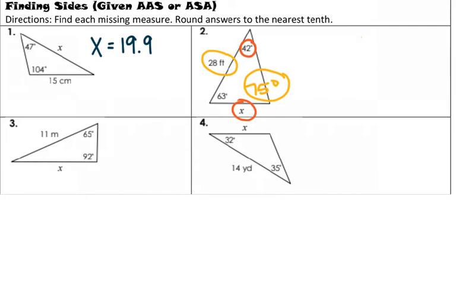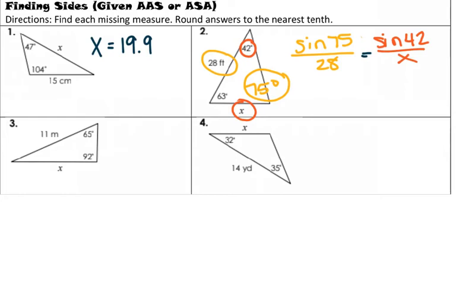Here's what the law of sines says. The sine of an angle divided by the side across should equal the sine of another angle divided by the side across.